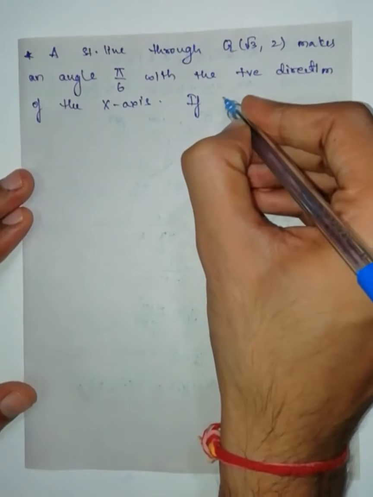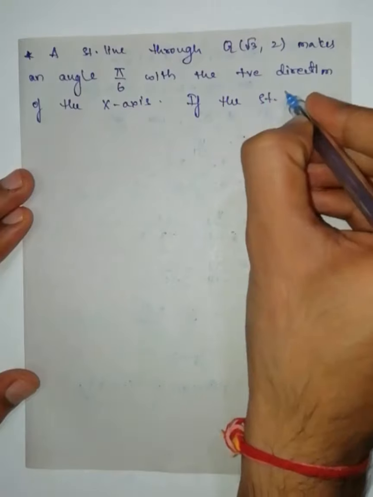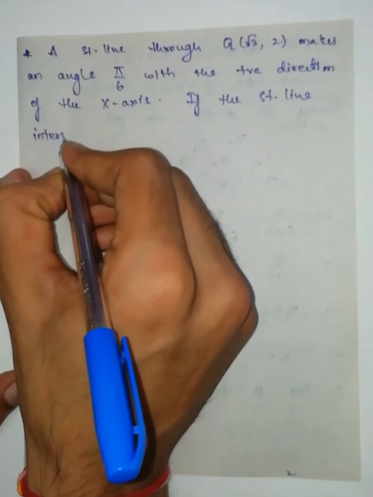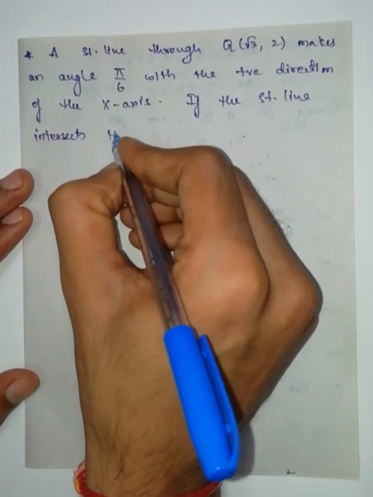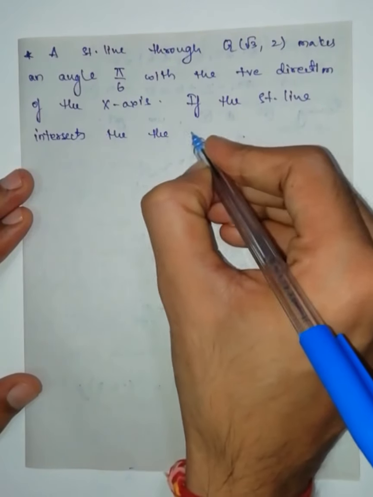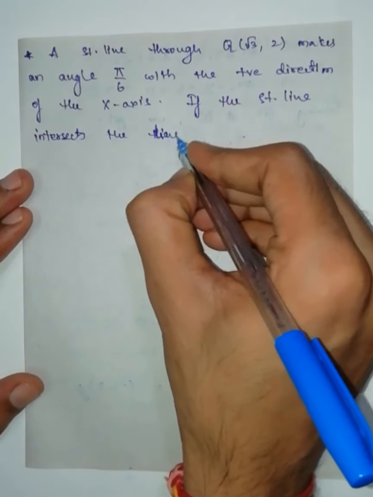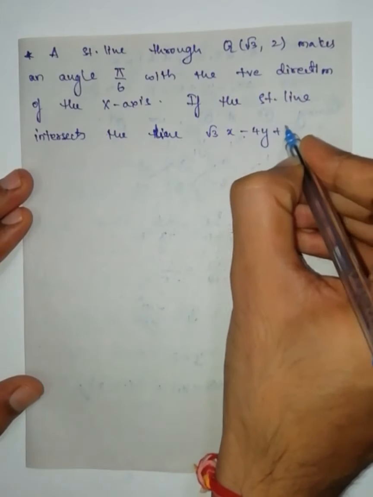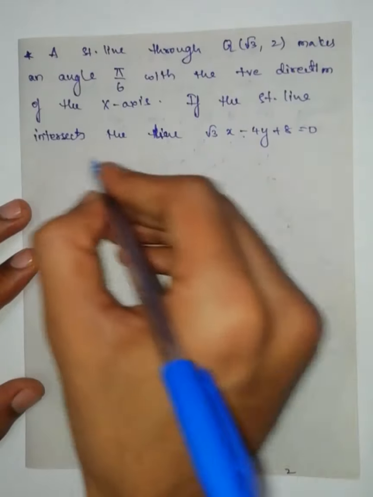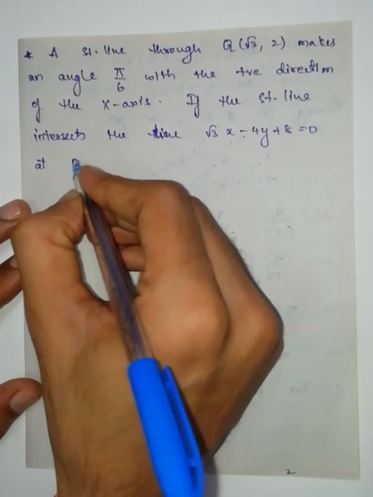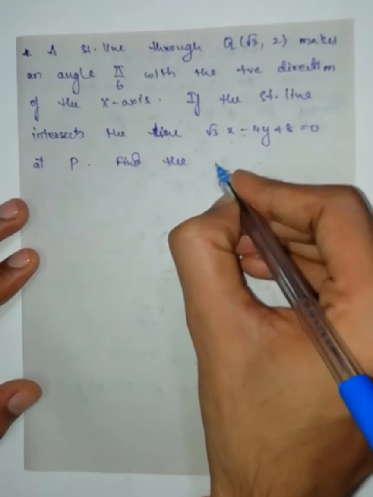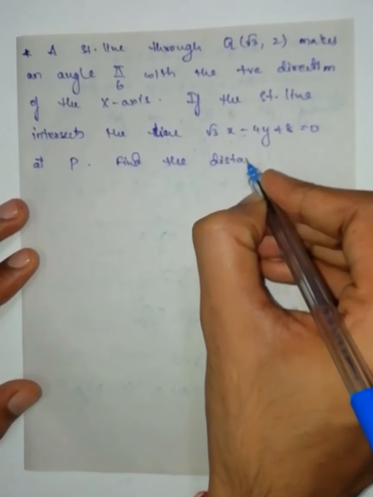If the straight line intersects the line root 3x minus 4y plus 8 is equal to 0 at P, find the distance PQ.